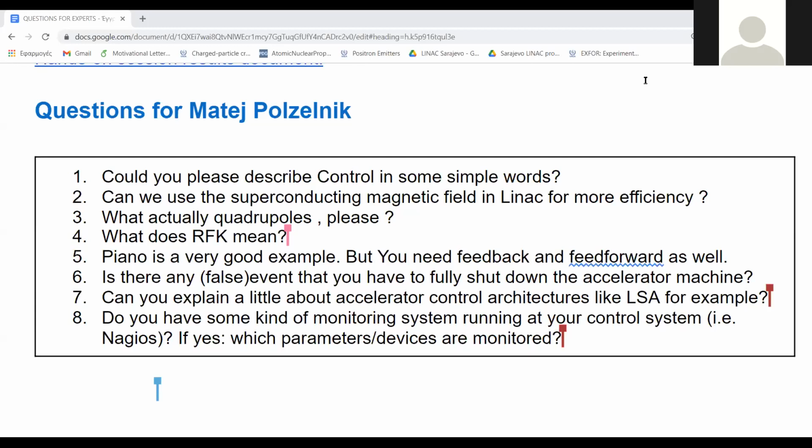Basically, we would need a lot of time to go into accelerator architecture, because for each accelerator you need a different architecture, because most times you develop the accelerator around the thing that you want to produce.